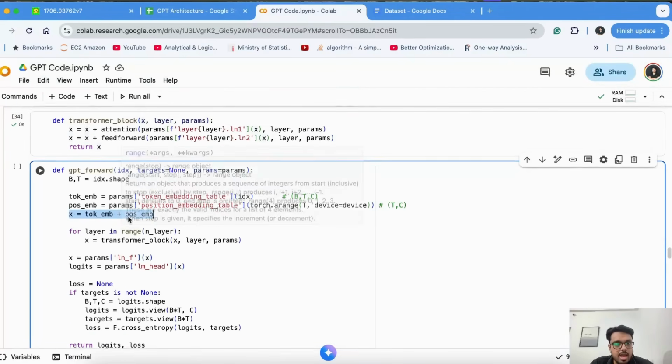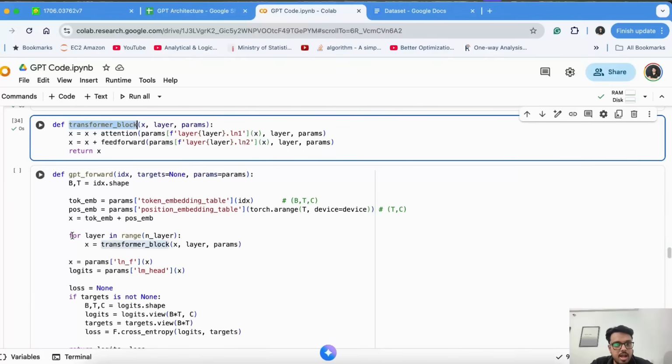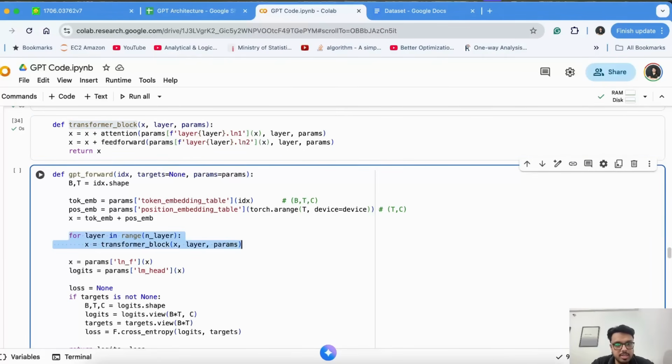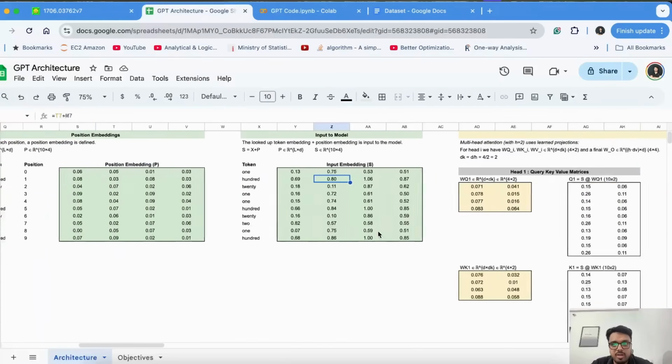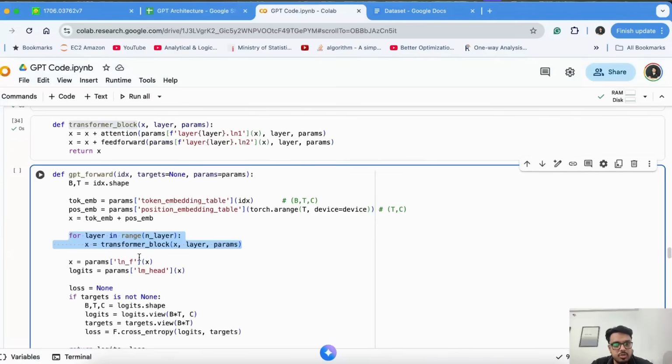And then after that we call the transformer block, which we have just defined. As I told you, this entire transformer block is done iteratively across multiple layers. As of now we have defined just one layer of transformer block, but in practical situations the number of layers can be higher. And then we finally do another layer normalization.